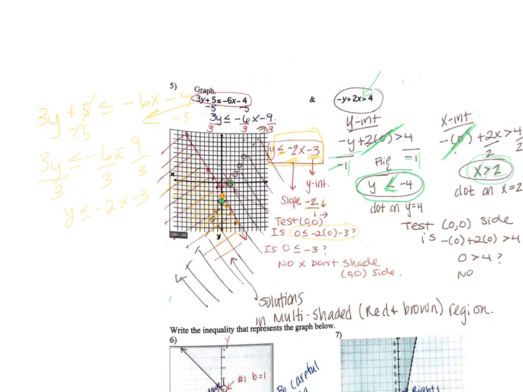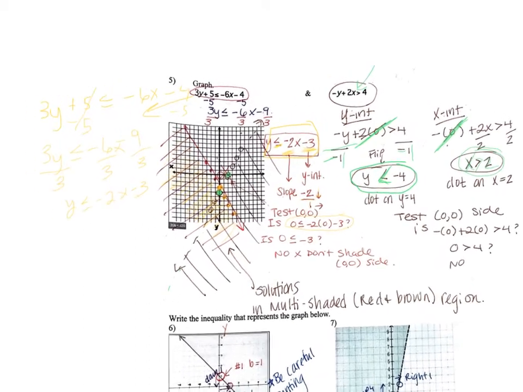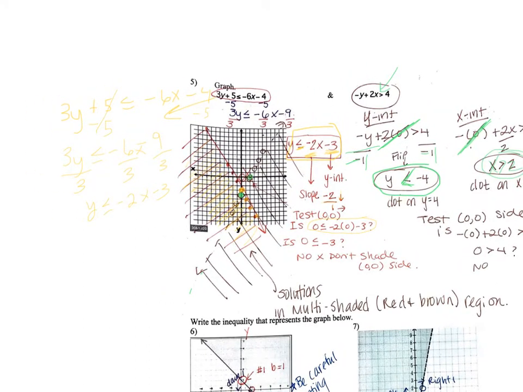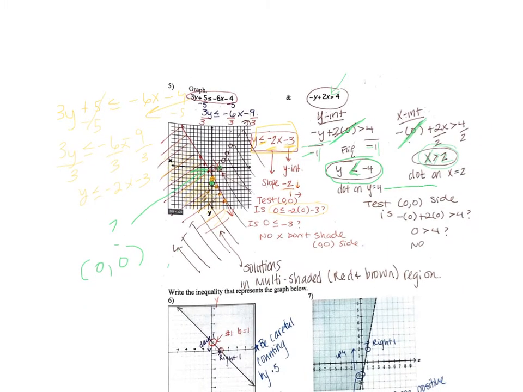And to test shading, I tested 0, 0. Now 0, 0 is on this side of the brown line, right? So when I plugged it in and simplified, 0 was not greater than 4. So I am not shading the side 0, 0 is on for the brown line. That's why we shaded the opposite side.